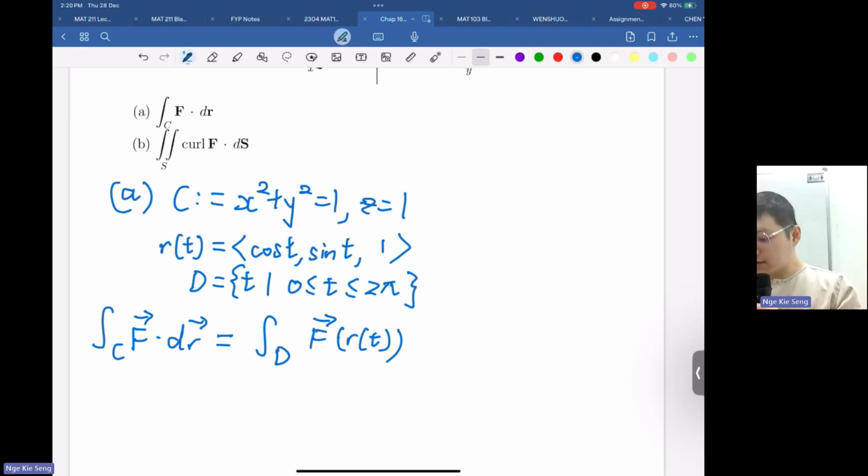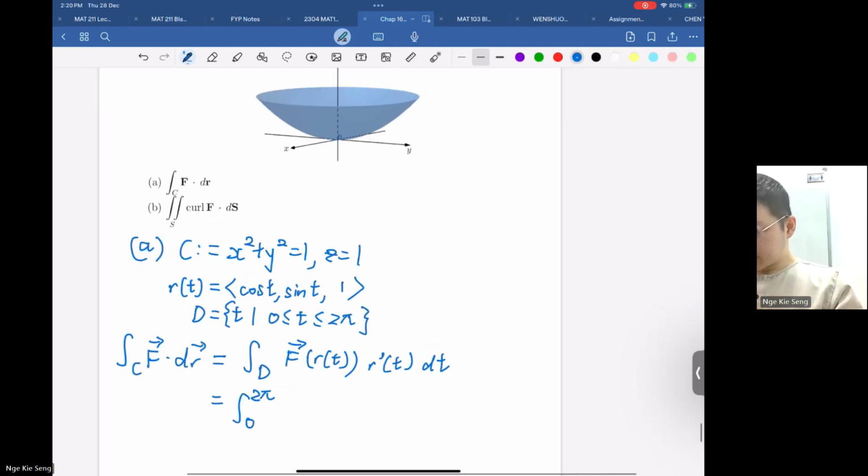Just now we applied it on my surface, now we apply it on my line.